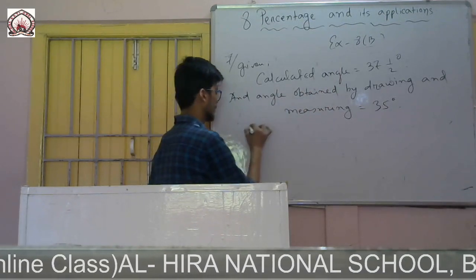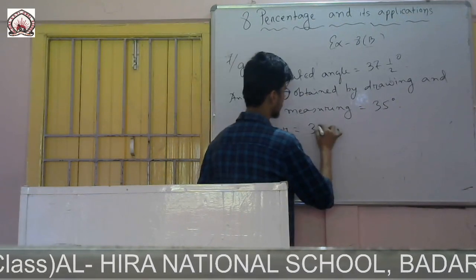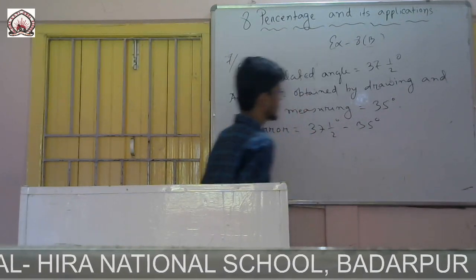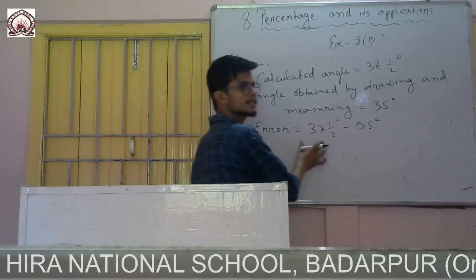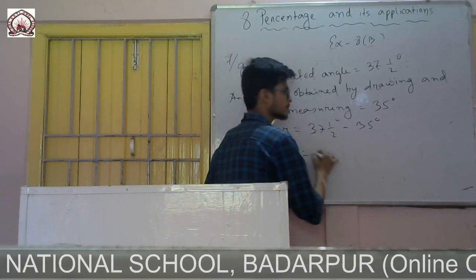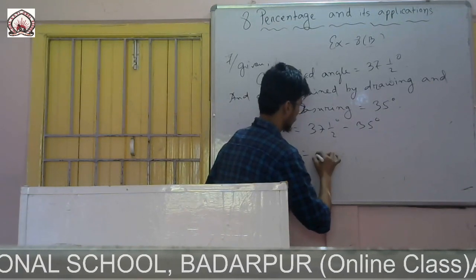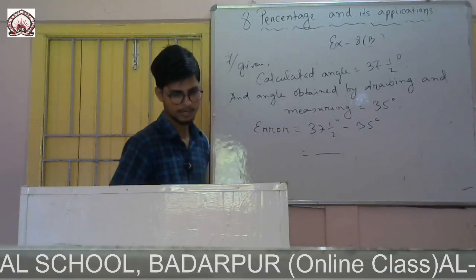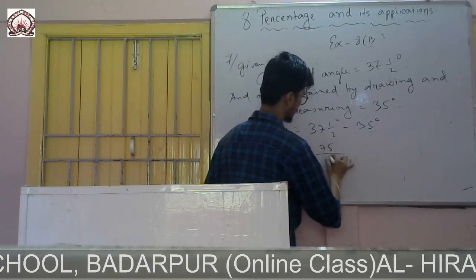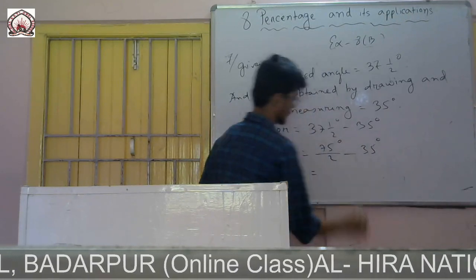That means error. I have to find how much error there was. It will be 37.5 degrees minus 35 degrees. From the original one, I will subtract this one. Okay, so I'll convert this from a mixed fraction. If I convert it, it will be 74 plus 1, 75 by 2 degrees minus 35 degrees. Okay.